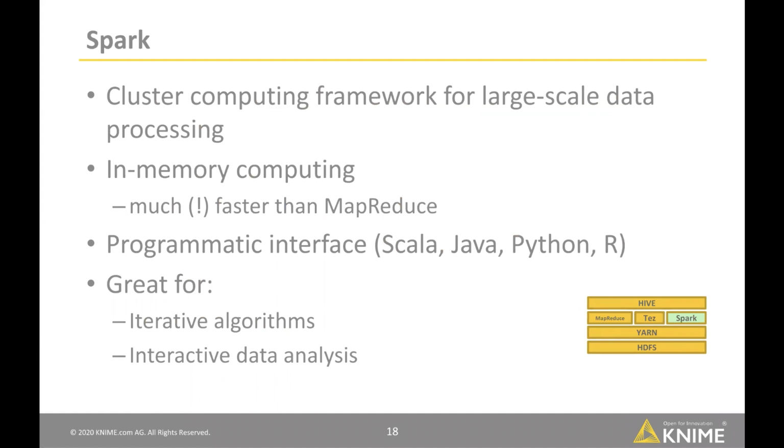And the last system I'd like to mention is Spark. Spark is a cluster computing framework, which you could call a generalization or extension of MapReduce. That's because originally it was measured up against MapReduce, in the sense that it was designed to be a lot faster.